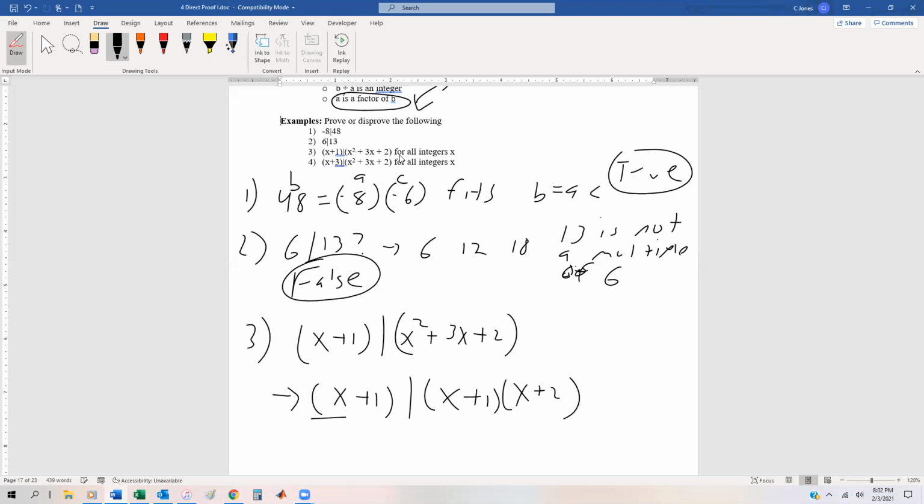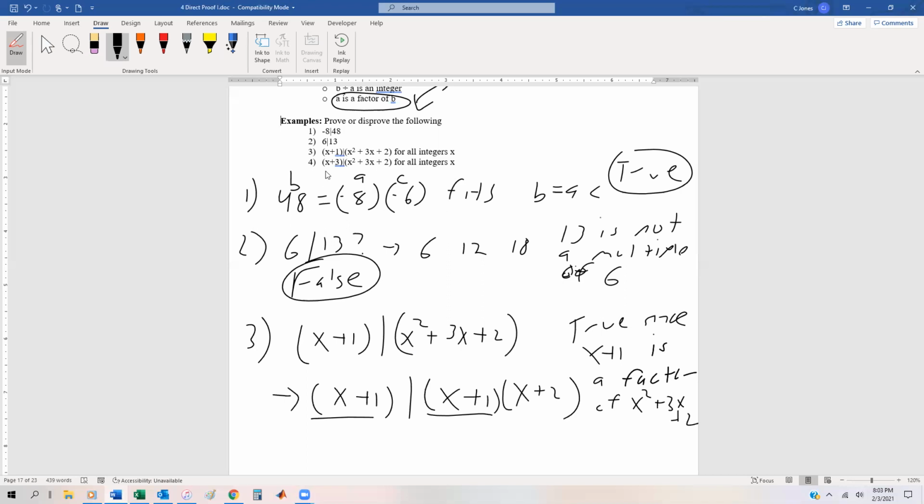And clearly, x plus 1 is a factor of x squared plus 3x plus 2. So this is true since x plus 1 is a factor of x squared plus 3x plus 2.